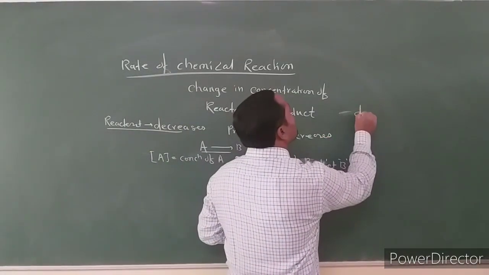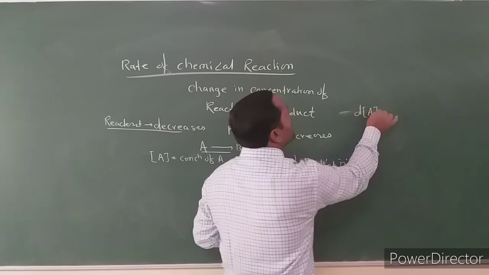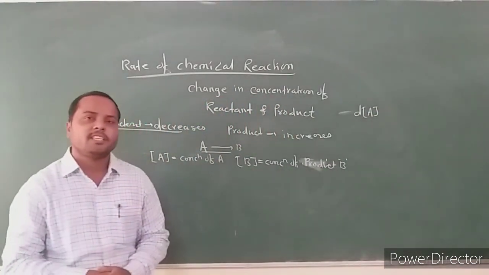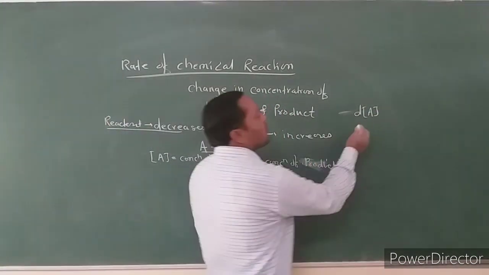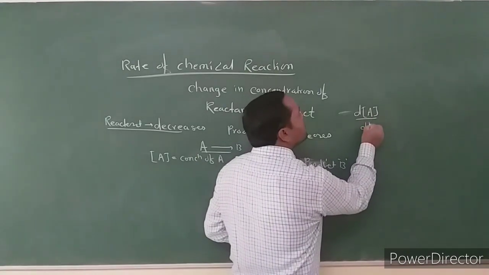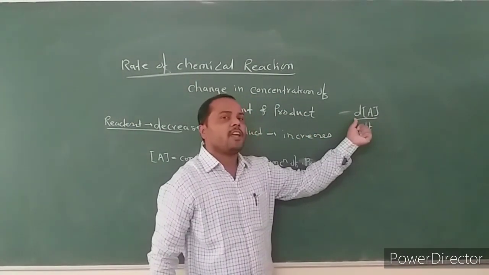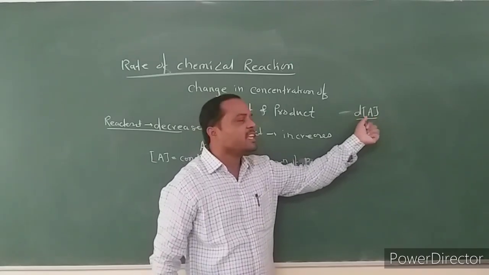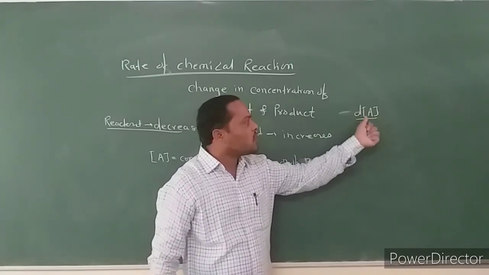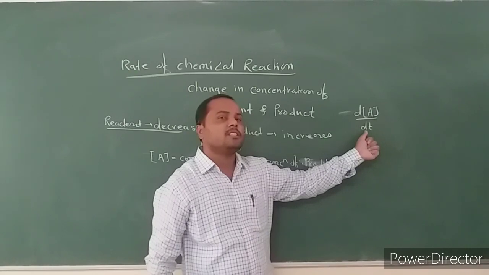The change in concentration of reactant A is represented by dA. This concentration changes with a small time dt. The small change in concentration of A is represented by d[A], and this change happens over time dt.